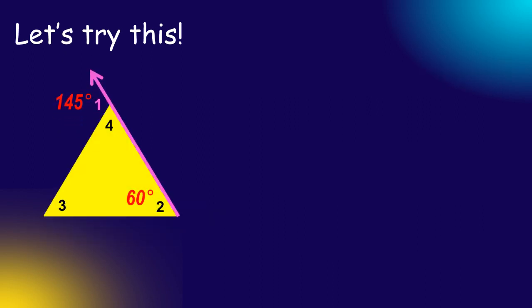Let us consider this given triangle with one of its sides being extended to form angle 1 as the exterior angle. All we have to do here is to find the measure of angle 3 and angle 4. Una nating gagawin dito is tignan natin yung angle 3.